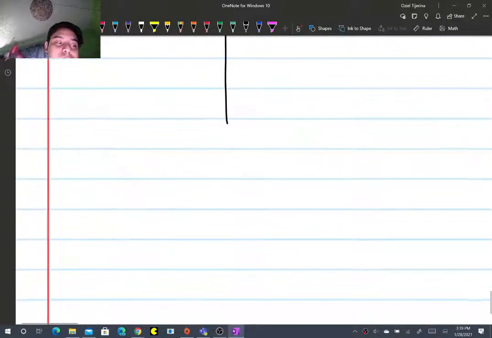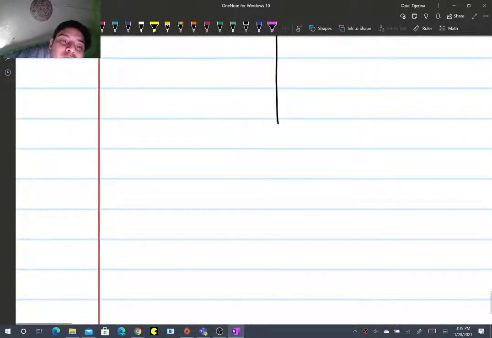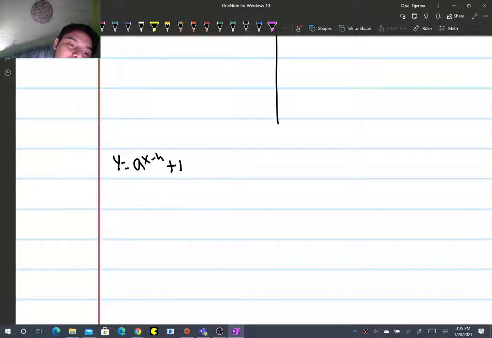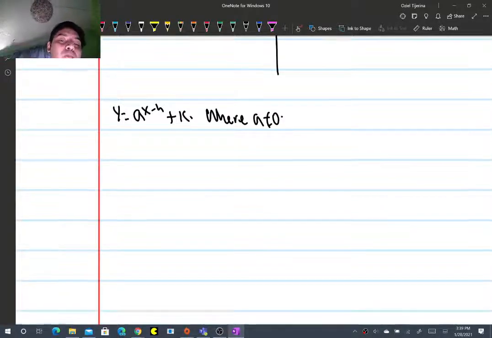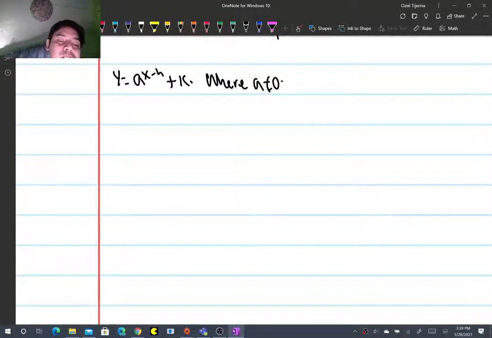Now, there is another kind of function where we have y equals a to the x minus h plus k, where a does not equal 0. But that's a little more different.